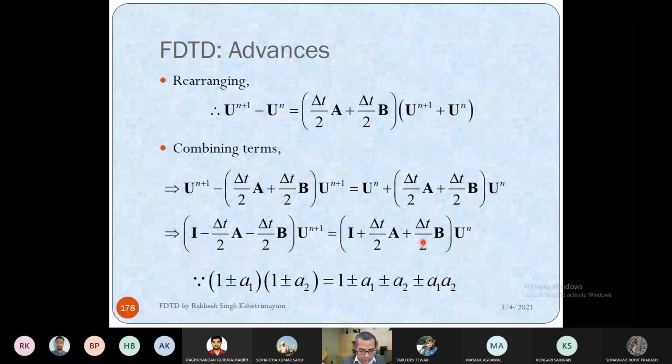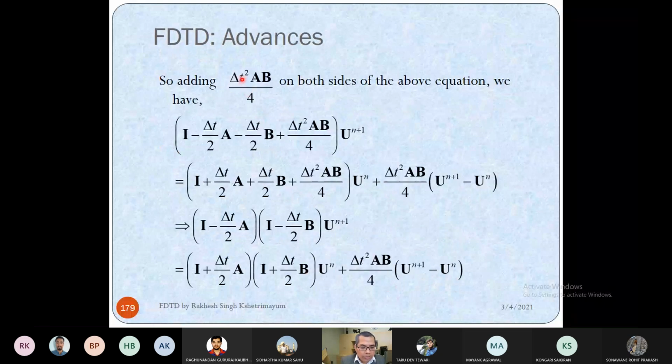We have the right hand side and the left hand side, and I want to bring it into a form like this. If I have (1 ± a1) into (1 ± a2), I simply get 1 ± a1 ± a2 ± a1 a2. So I want to bring it into this form, with something like a1 and a2 here. So what do I do? I add a term delta t squared A B by 4 on both sides.